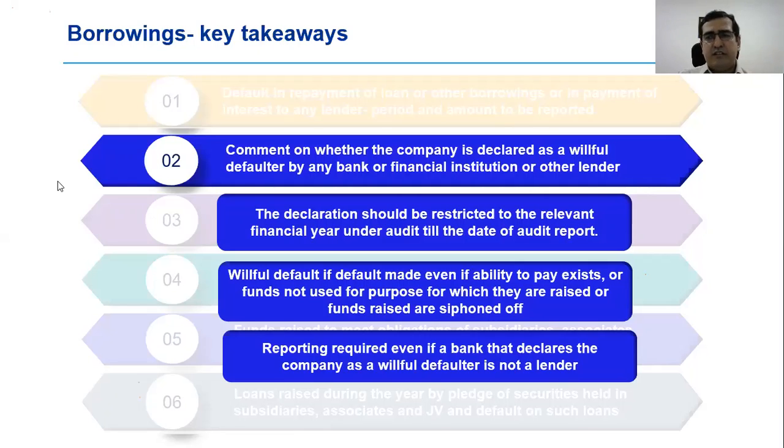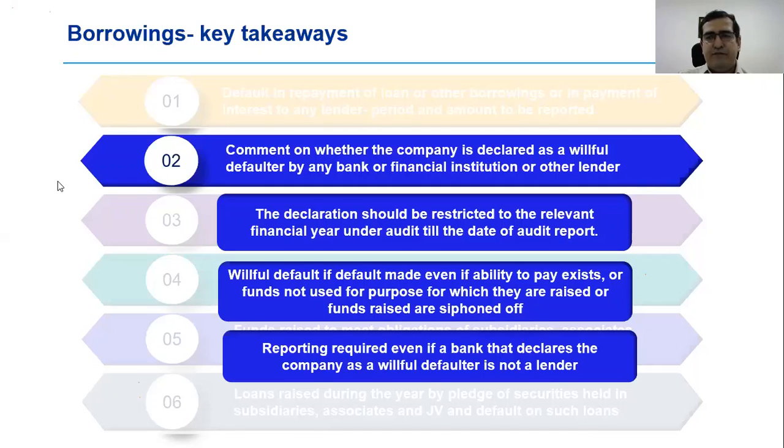The third situation once again is if there has been a fraud, if there's been siphoning off of the funds, then obviously the logic is that the funds have not been utilized for the purpose for which it was used, neither are they available with the company for repayment, and therefore that also classifies to be an instance of a willful default.